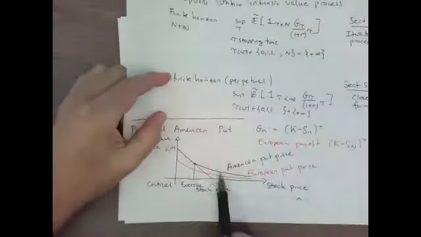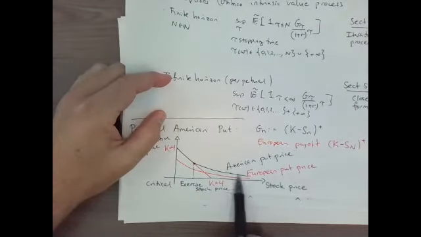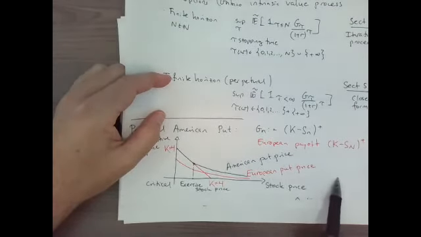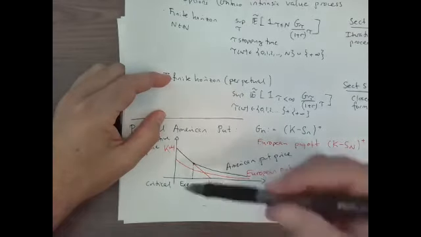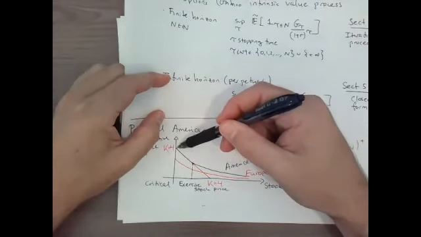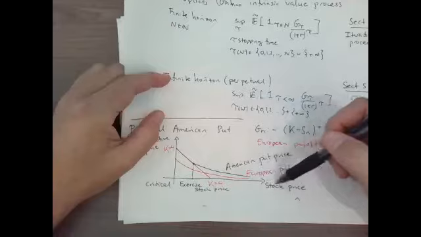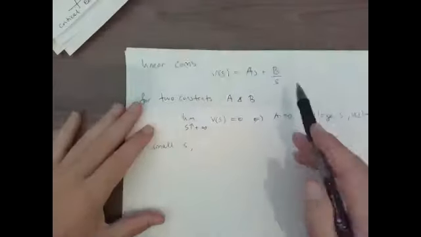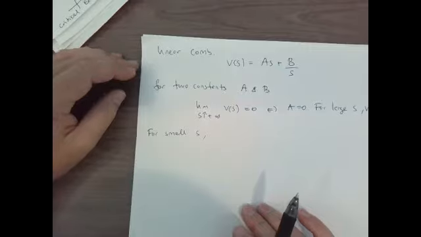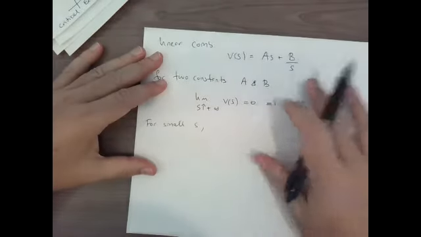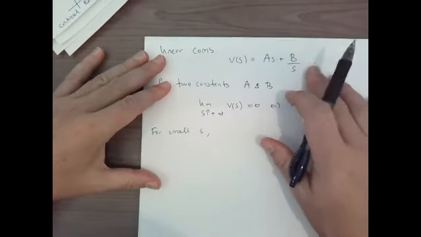What we're doing is we're coming up with a guess about what this black line is. We're guessing what it looks like out here for large values of s, and we're guessing what it looks like for small values. For small values, it's going to be a straight line. For big values, we don't know what the shape is, but we came as far as to say that it's going to look like something like 1 over s times a constant.